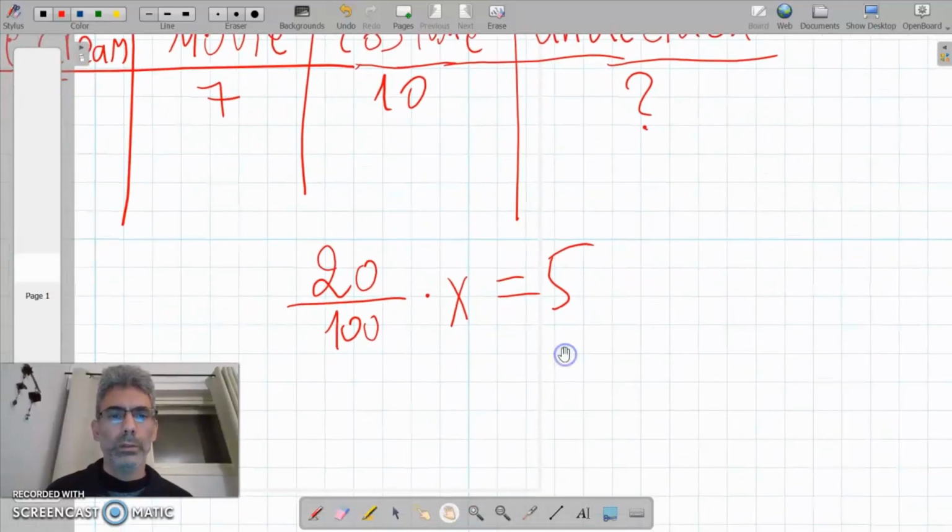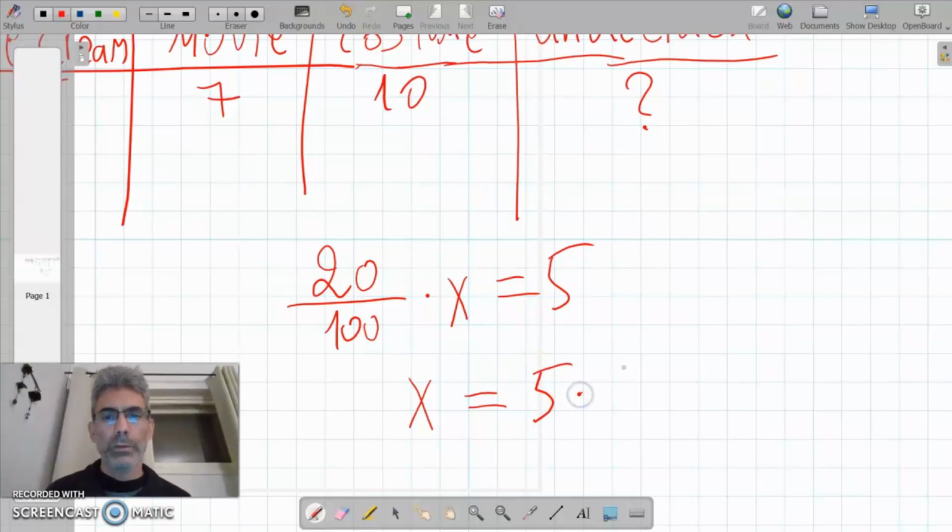Which means that X equals, we need to divide both sides of the equation by 20%, 20 over 100. So we need to multiply 5 by 100 over 20.